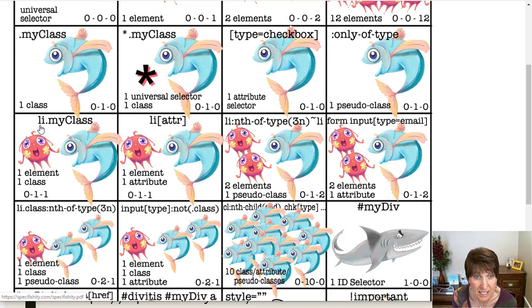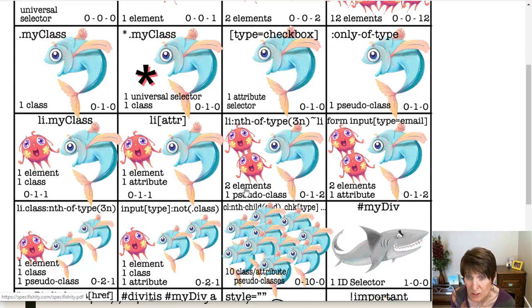Now this one has li dot my class, right? Class selector. So it has an element that gets counted in the farthest right location, and then a class which gets counted in the middle one. And these two both have the same. This one is an element, the li is the element, and then this is an attribute selector. So the attribute selector gets in the middle number, and the element li gets in the right-hand one.